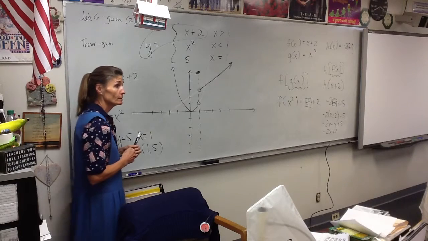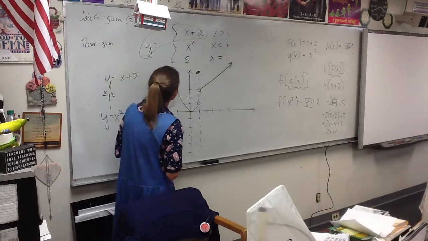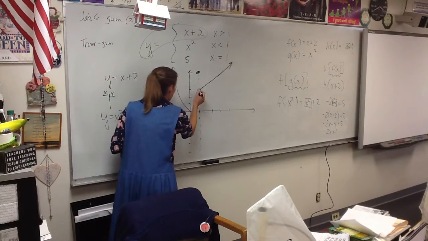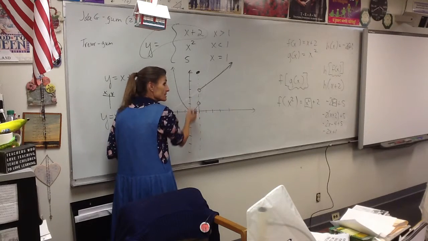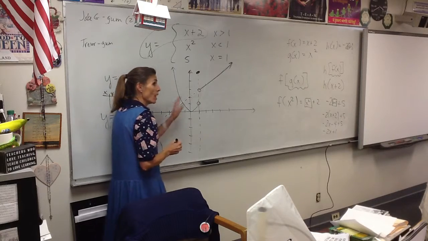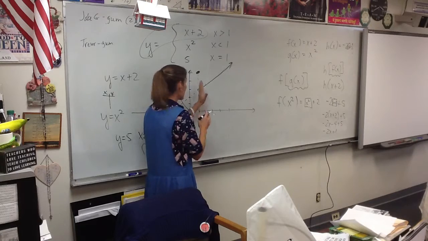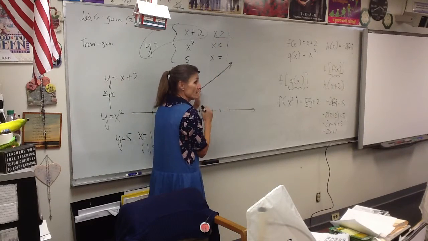Good work. Yes, Trey? Why do you have the x plus 2 line at 3? Well, remember that it's actually on the y, this is my y-axis, and it's actually here. Remember, I had that whole line graph, but because of where it's split, I had to start it over here, because that's where it tells me to split, where x is 1.